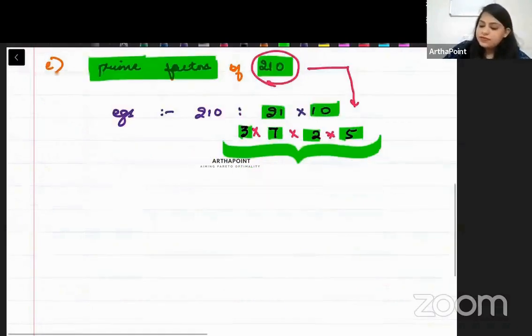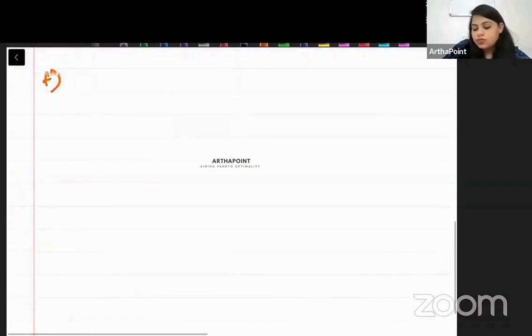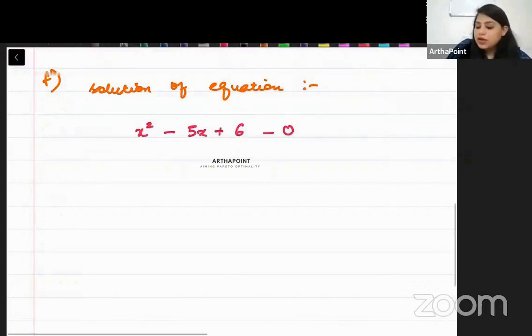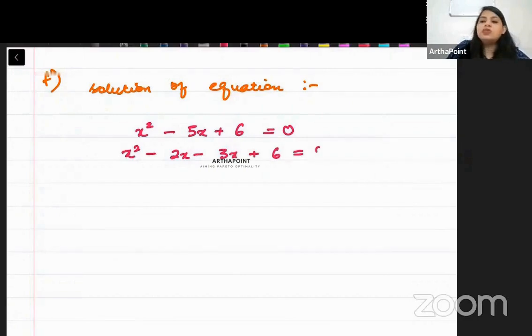Then, take another example: solution of an equation. Just for example, if I ask, what is the solution of x square minus 5x plus 6 equal to 0? What will you tell me, beta? It will be x square minus 2x minus 3x plus 6 equal to 0.